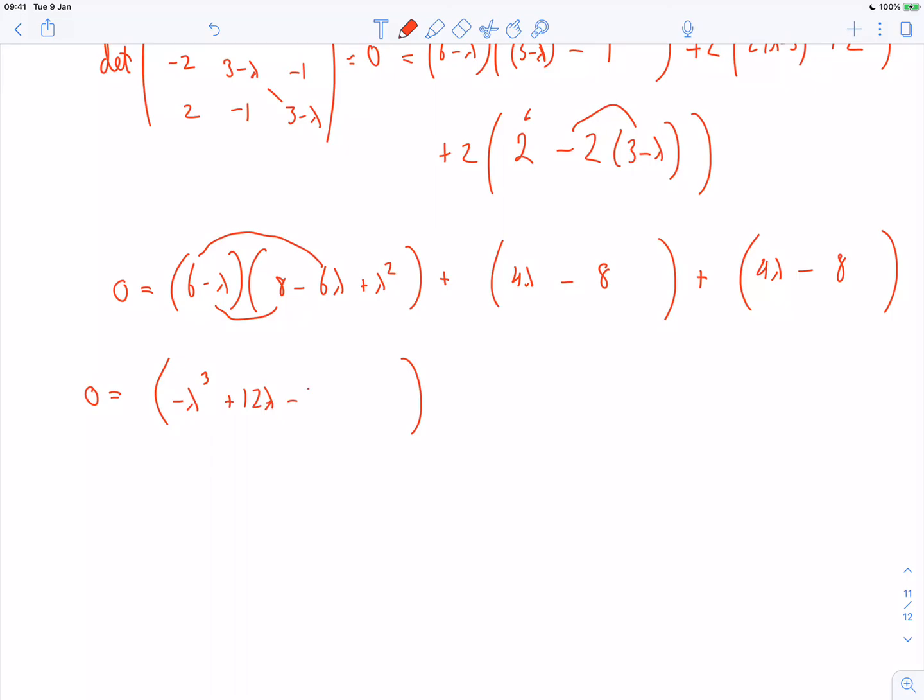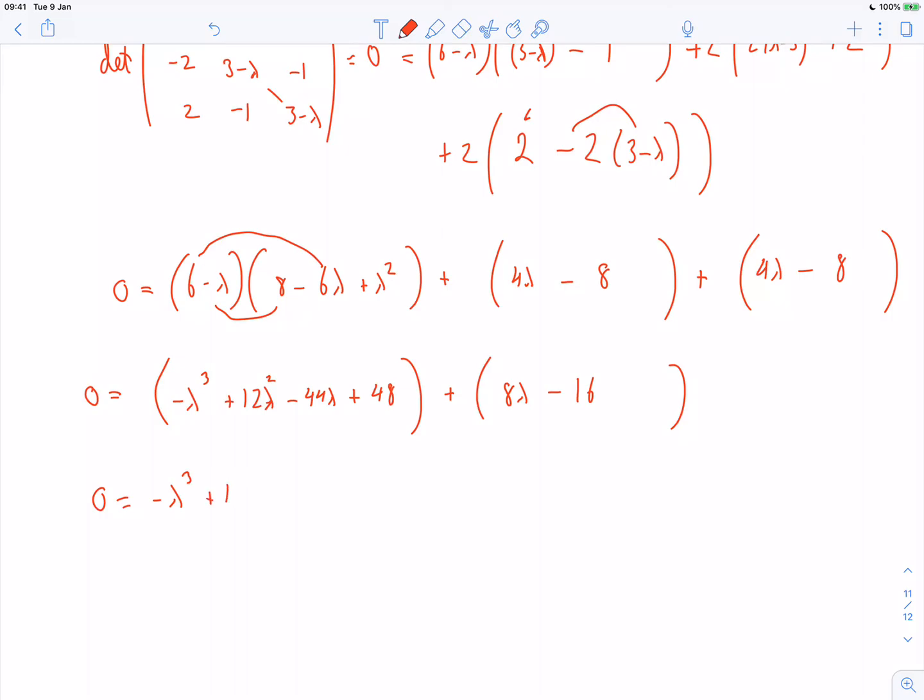So am I going to have minus 44 lambda? Is that true? Yeah, and then I have plus 8 times 6, which is 48. And then for the other thing, I'm just going to have 8 lambda minus 16. So I'm going to have minus lambda cubed, no other lambda squareds to speak of. Is that true?